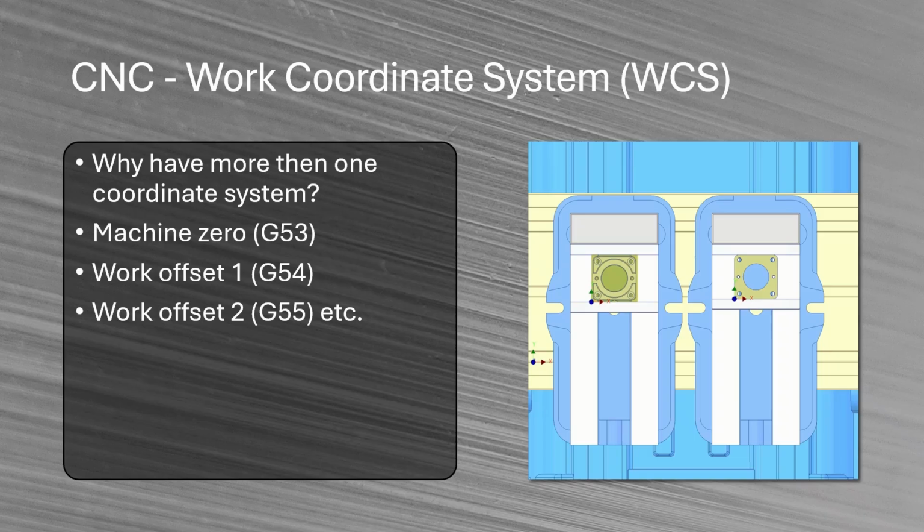I've illustrated the G53, the machine zero, here for simplicity, but in reality it will be way over here, because when the machine is zeroing, it's of course going as close to you as possible, like it's going all the way to the left and all the way forward.